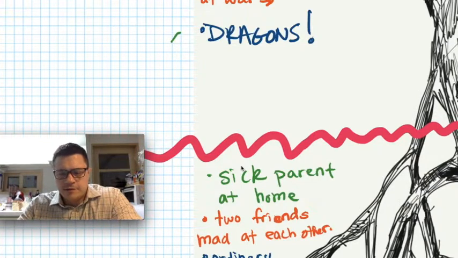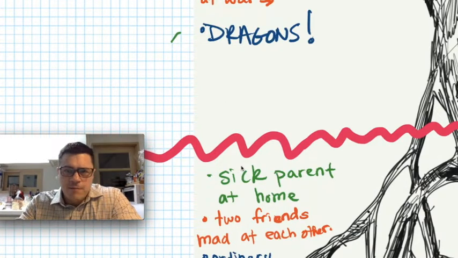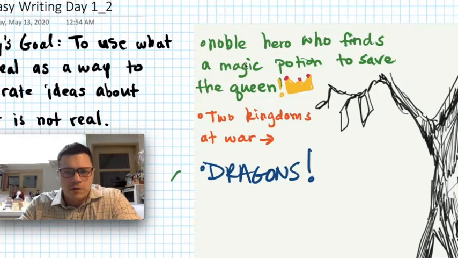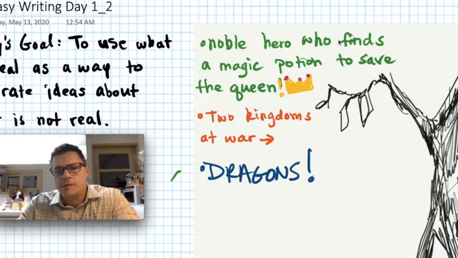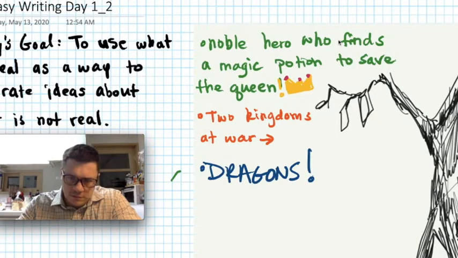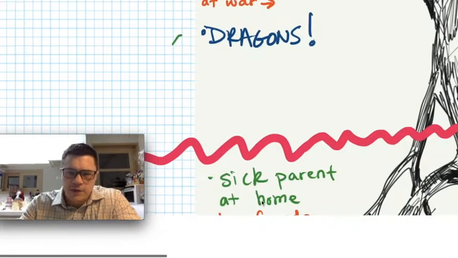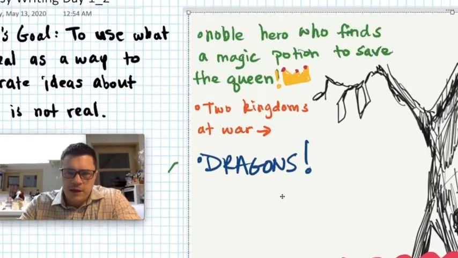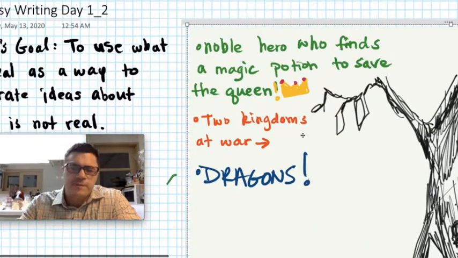And as a writer, you might have this experience of having a sick parent at home, and that might be the inspiration for a story where a noble hero has to go on a quest to find a magic potion and save the queen. So there is something happening in reality, and it may become this fantasy story.